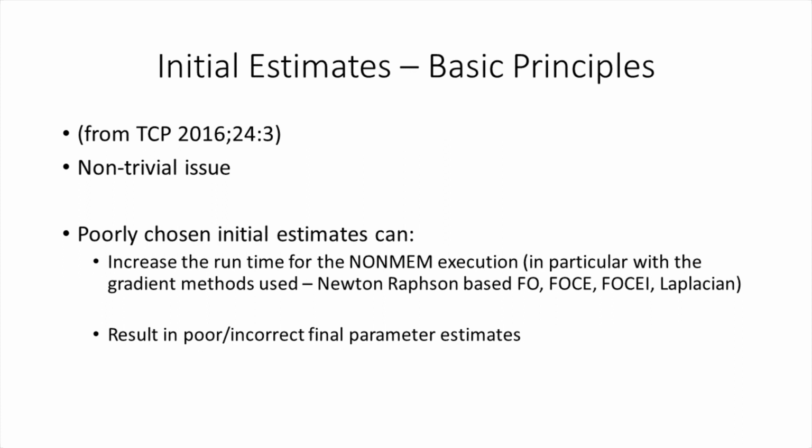It can also result in poor or incorrect final parameter estimates. Some of these gradient-based methods are quite susceptible to local minima, and if you don't have good initial estimates, you may end up with a solution that you think is stable, but it actually represents a local minimum in terms of the estimated pharmacokinetic parameters.